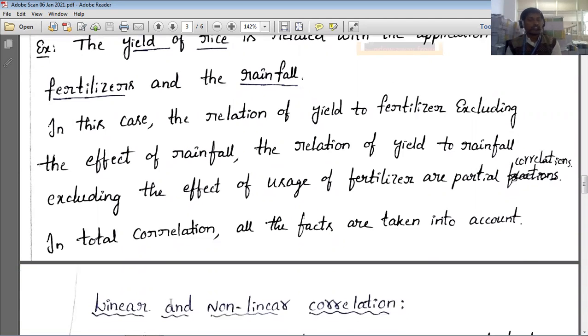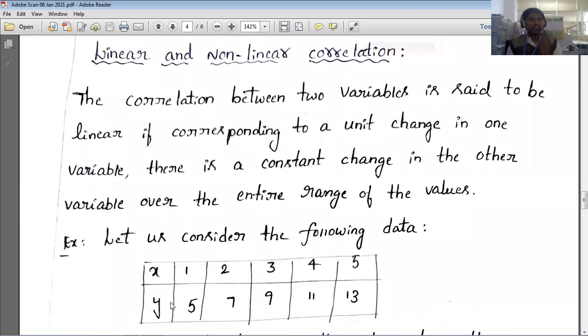And next one, linear and non-linear correlation. The correlation between two variables is said to be linear if, corresponding to a unit change in one variable, there is a constant change in the other variable over the entire range of the values.